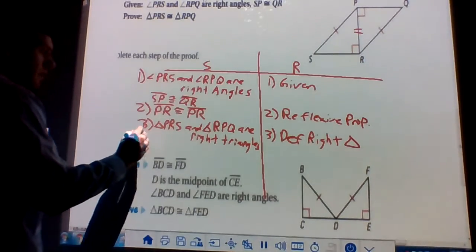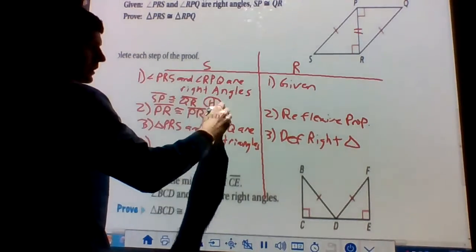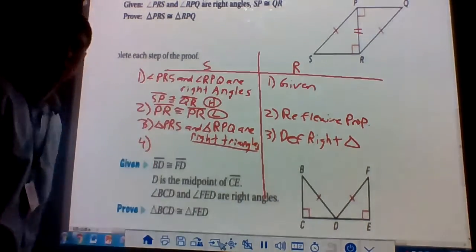For step 4, we now have all three conditions. We have a hypotenuse that's congruent, we have a pair of legs that are congruent, and we have right triangles.